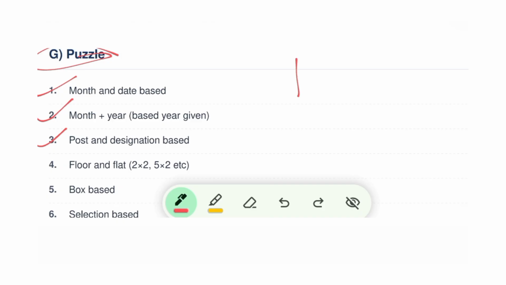Then third is post and designation based, where posts are given like CEO, CO, collector, PO, etc., in ascending or descending order, and they also mention that the CEO is the superior, etc. Then fourth is floor and flat based, where it is given two by two, like two floors and two flats, and there can be two flats and five floors. It can vary.